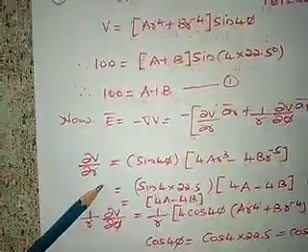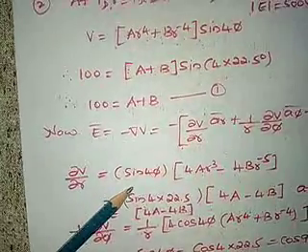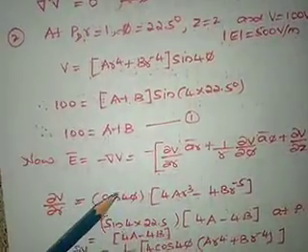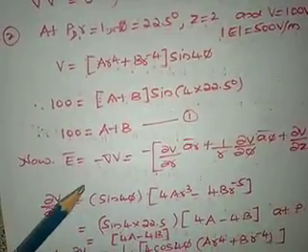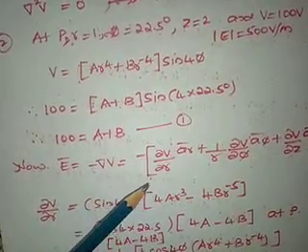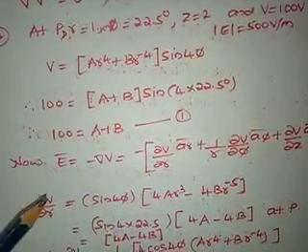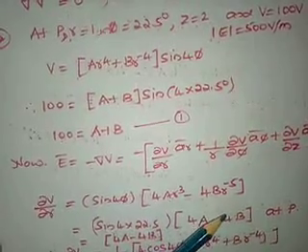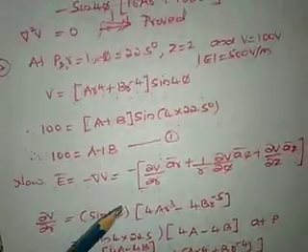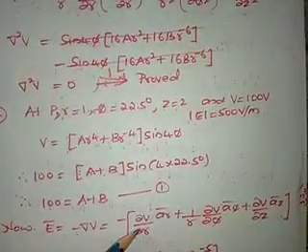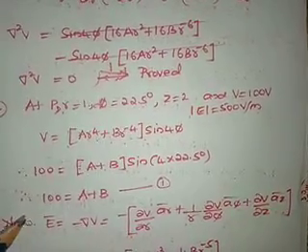So dou V by dou R is equal to, from the original equation, sin 4 phi into 4 AR cube minus 4 BR raised to minus 5. Here it is minus del V, a function of R and phi.